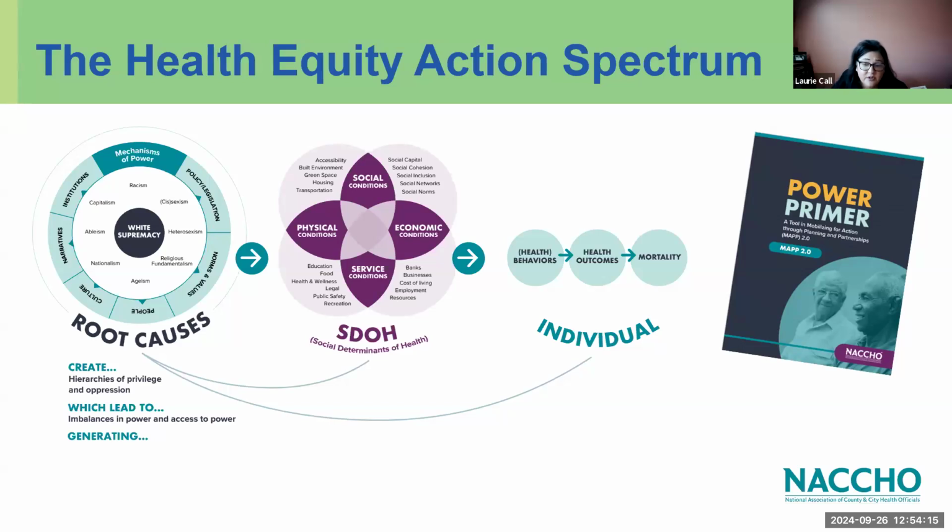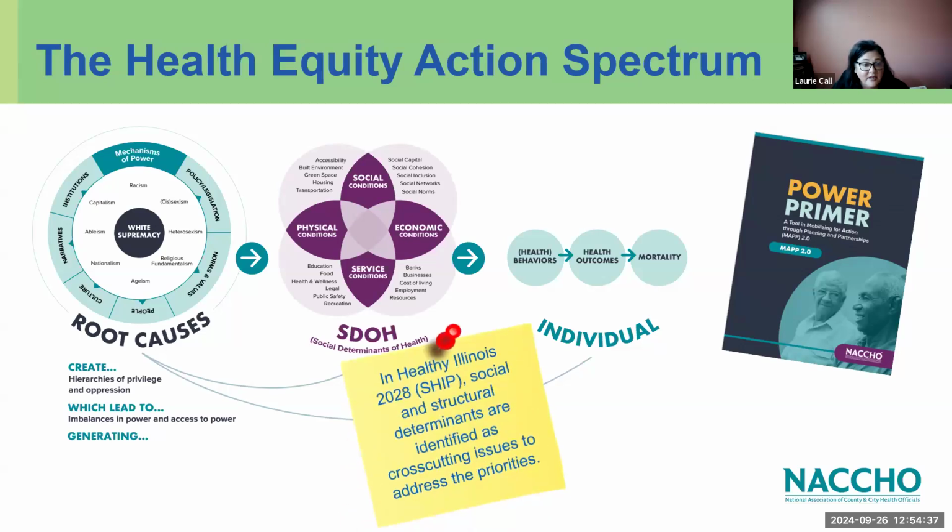MAP 2.0 is designed with tools, talking points, and activities that help begin these conversations with the community, to help you build community health improvement plans that can address these factors and have lasting impact. The Power Primer is really helpful in that aspect. But it does take time.